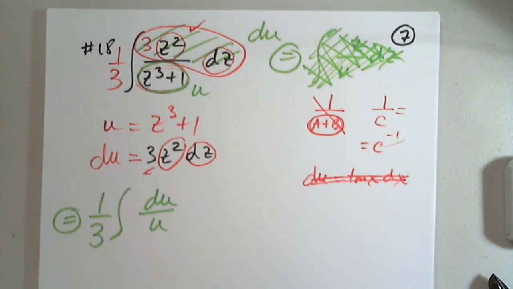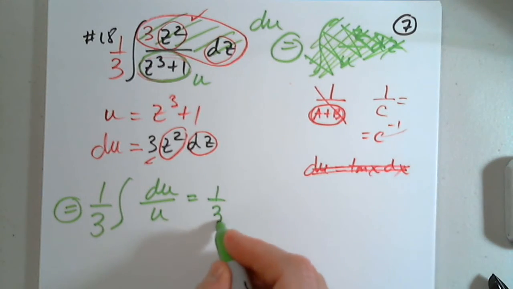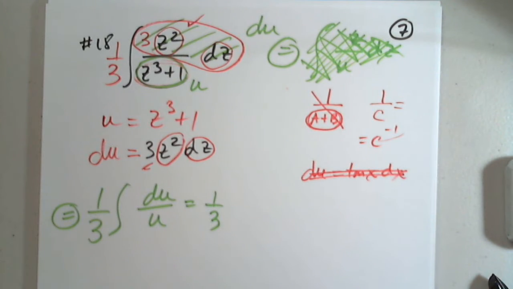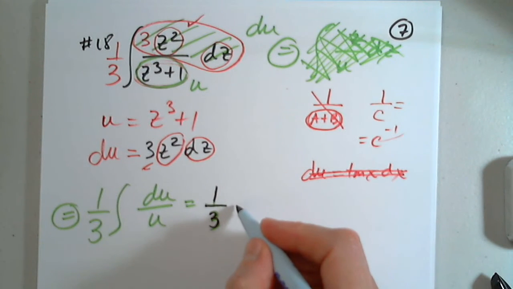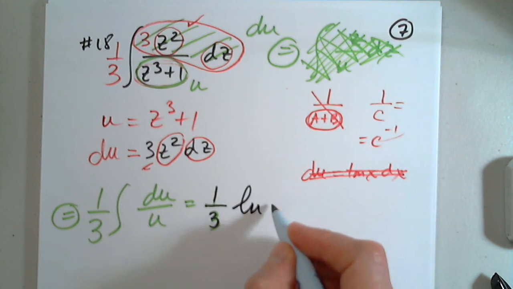Can be easier than that. Good. So this is 1/3. Which function has derivative 1 over u? Natural log of u.